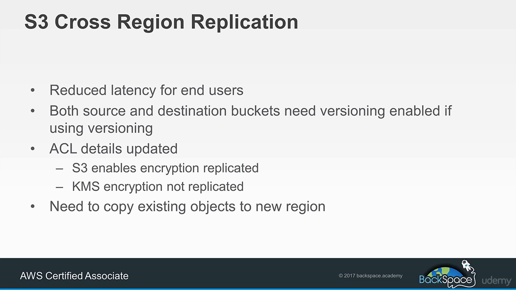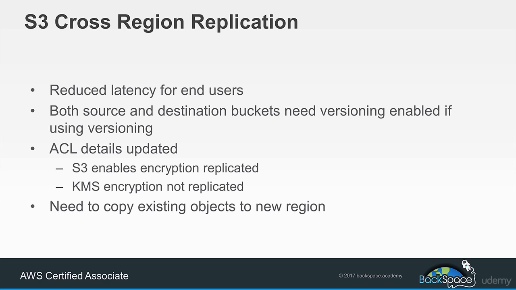If you're using versioning, the source and destination buckets will need to have versioning enabled. The ACL, access control list details, will be updated as it's synchronized across. And the S3-enabled encryption, the encryption that is managed by the S3 service, will be managed also in the other region.